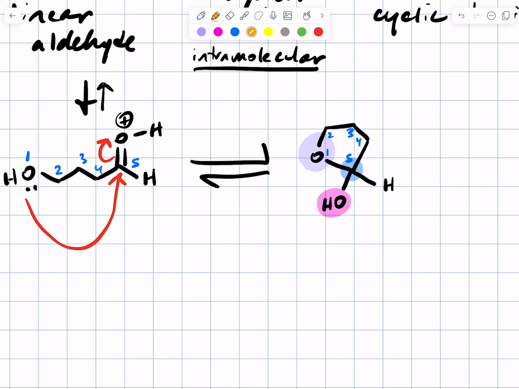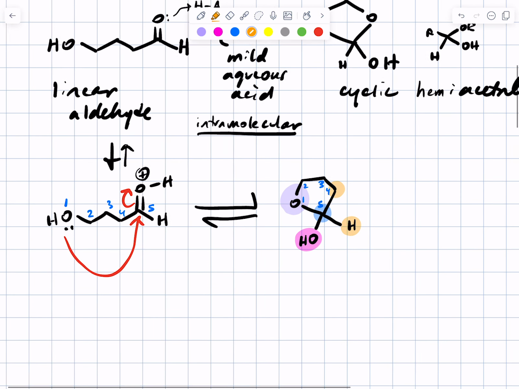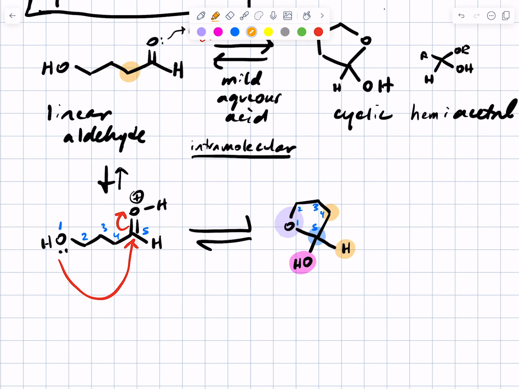Look at the other two things attached to the carbonyl carbon. Are they both carbon, or is one carbon and one hydrogen? If they are both carbon, it will be a ketone. If one is carbon and one is hydrogen, it will be an aldehyde. Okay? This OH group was your nucleophile. This carbonyl oxygen becomes your OH group.